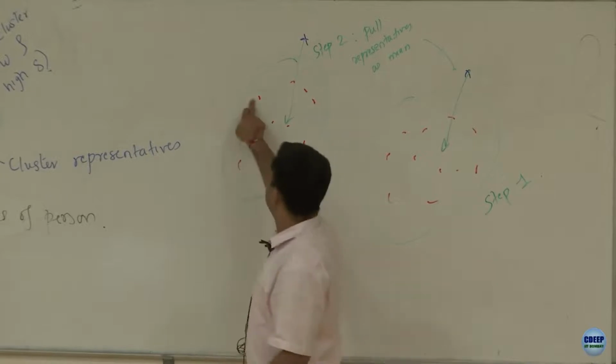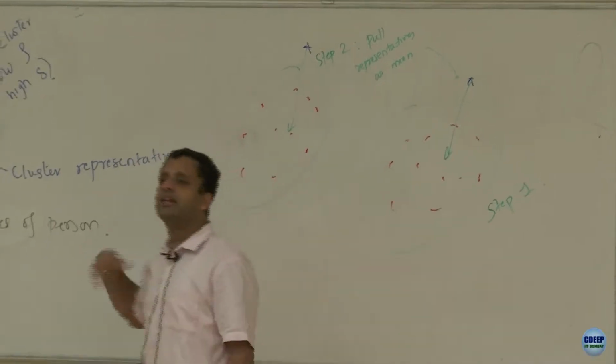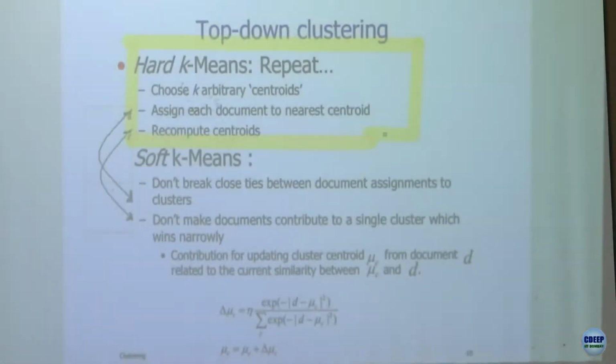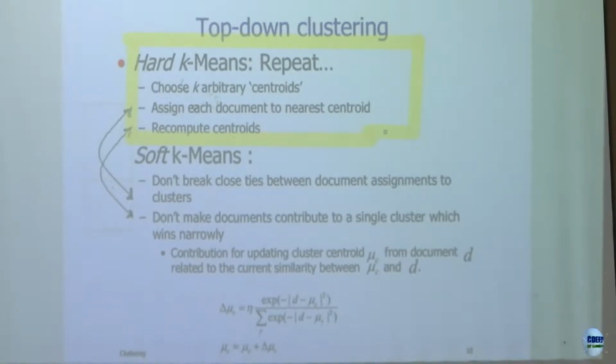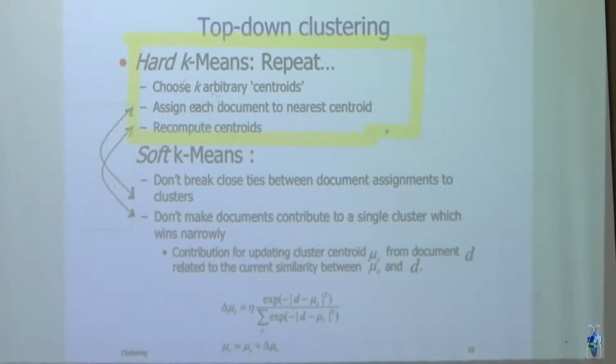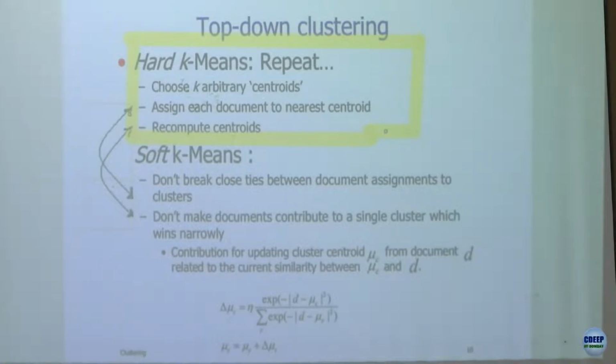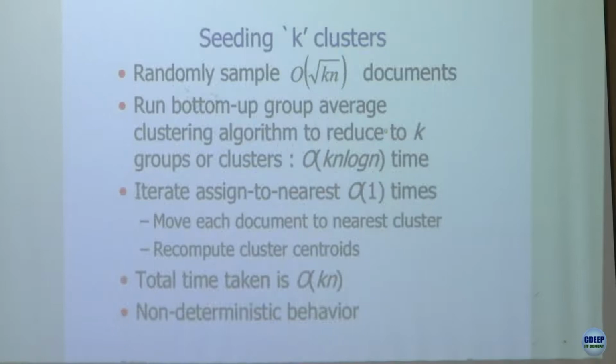Whereas points here almost unilaterally subscribe to one cluster. But soft k-means says that I am going to update a cluster centroid with some membership. If you are interested, look at it, but there are multiple ways you can contribute. Since it is not part of your exact assignment, I won't go over it right now.